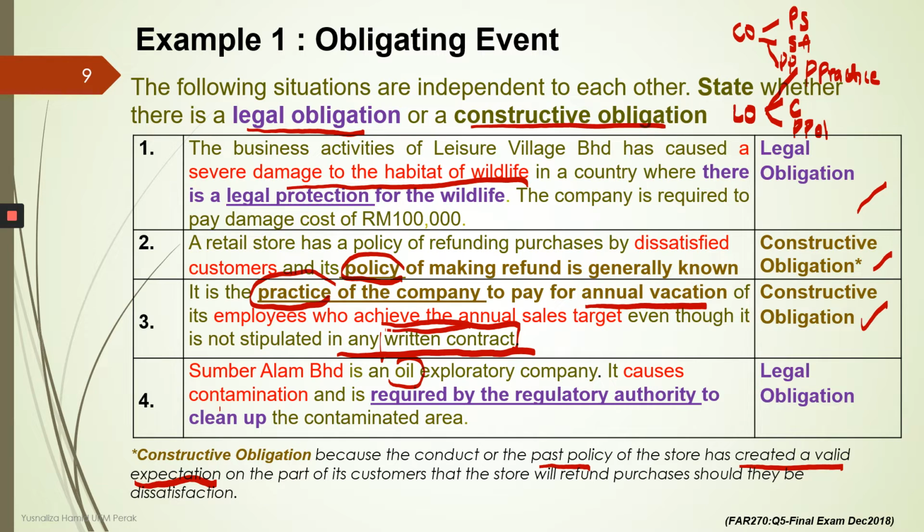This is the past event. However, because there is a regulatory authority, meaning that there is a legislation that requires for clean up, there is a law that requires this to be done. So therefore, there is a legal obligation. We go into the next part.